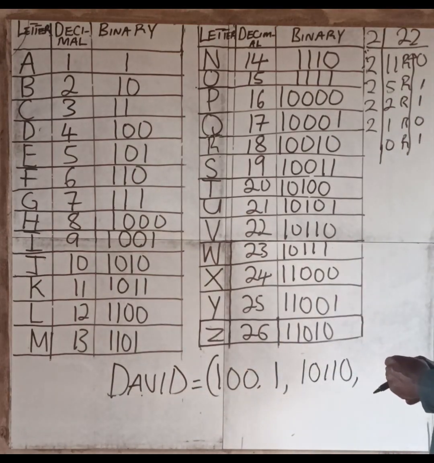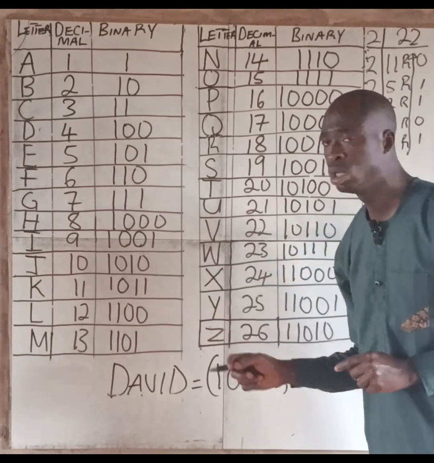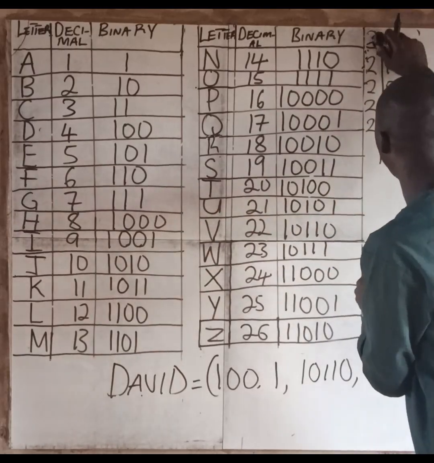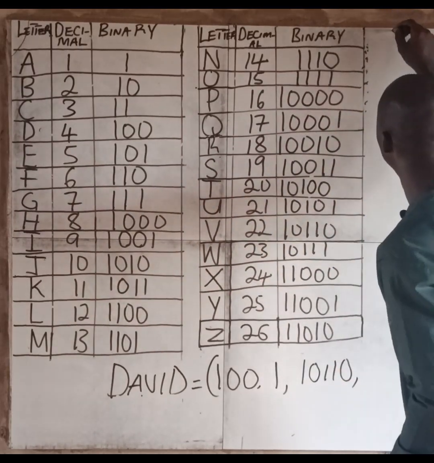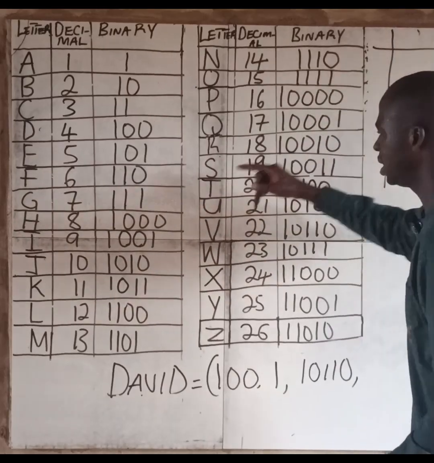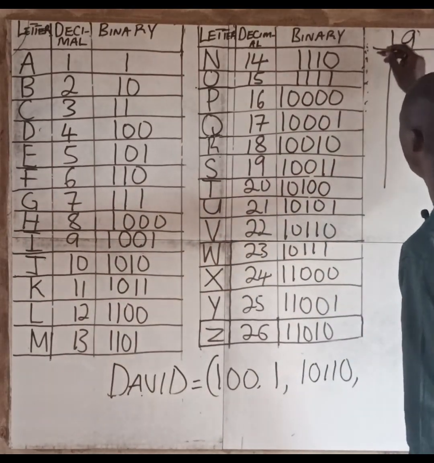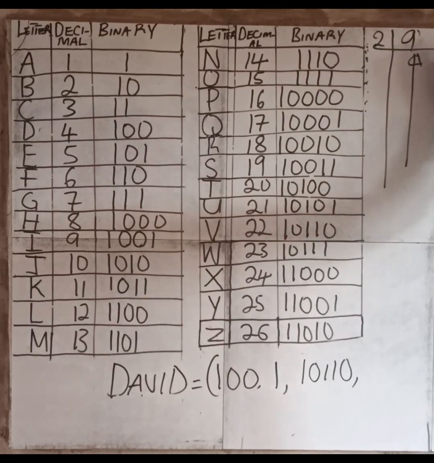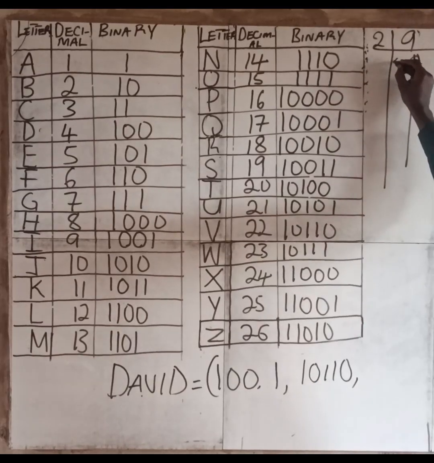Now for your I, I represents your ninth letter. I is the 9th letter of your alphabet. So you go straight and write the 9. Now we are dividing using 2, and our remainder becomes our answer. Now 2 into 9 is going to give me 4.